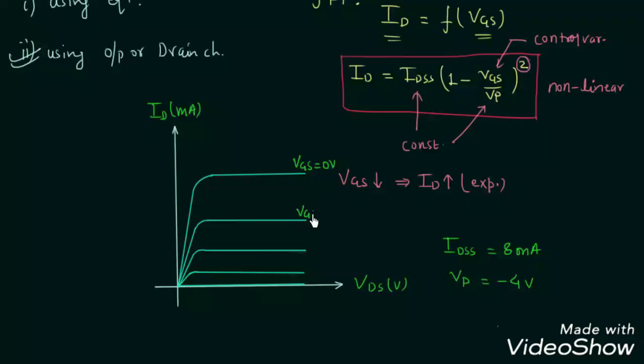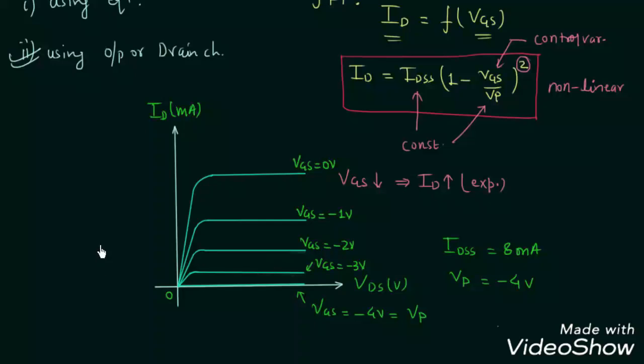The second curve is obtained at VGS equal to -1 volt. In the same way, VGS equal to -2 volt. This curve is for VGS equal to -3 volt, and the last curve in which the drain current is equal to 0 milliamps is obtained when VGS is equal to -4 volts or the pinch off voltage. So this is the output or drain characteristics.